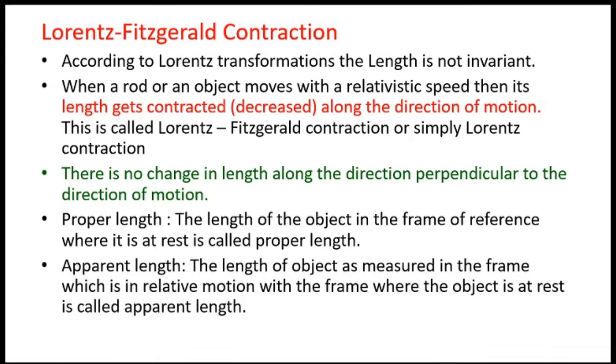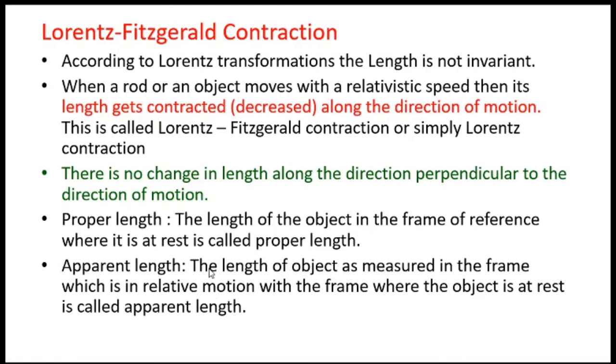Second is apparent length. The length of an object, or the rod in this case, as measured in the frame which is in relative motion with the frame where the object is at rest, is called apparent length.